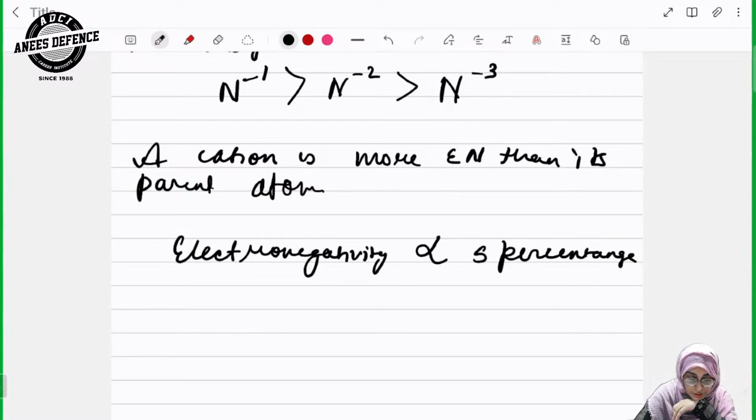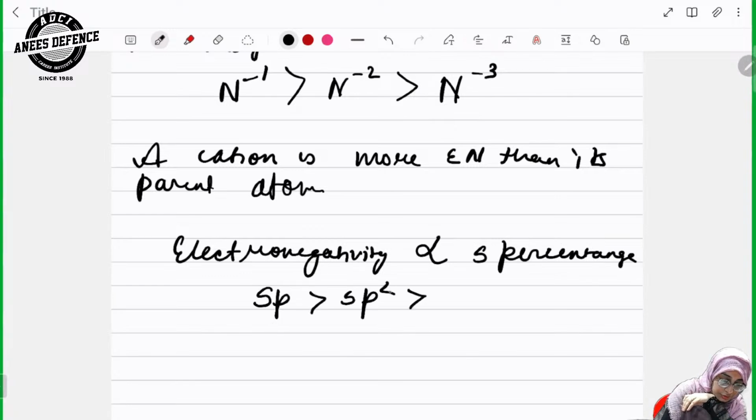So the electronegativity follows the order sp, sp2, sp3. As the s percentage decreases, the electronegativity decreases. The most electronegative is sp, then sp2, then sp3.